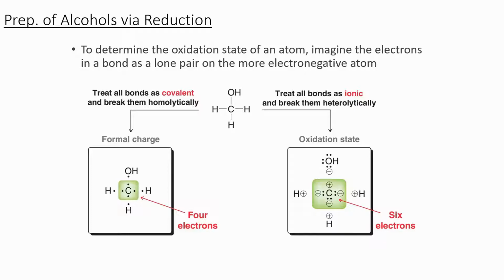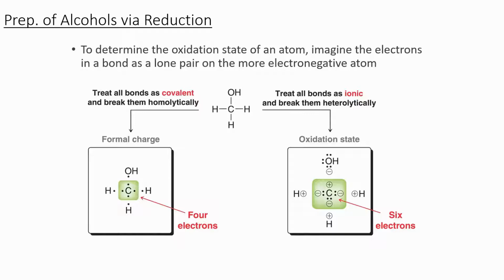If we treat them as ionic bonds, which we will do for the oxidation state, then we're actually going to have 6 electrons around the carbon, because there's a large electronegativity difference between the carbon and the hydrogen and the carbon and the oxygen.